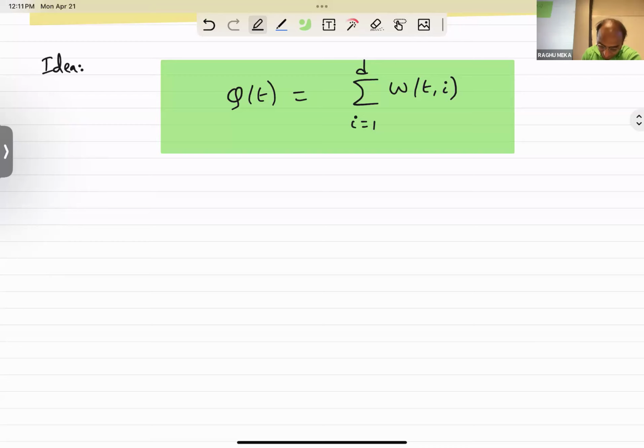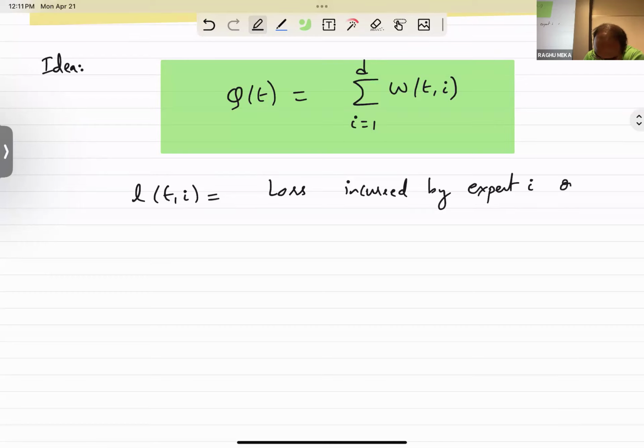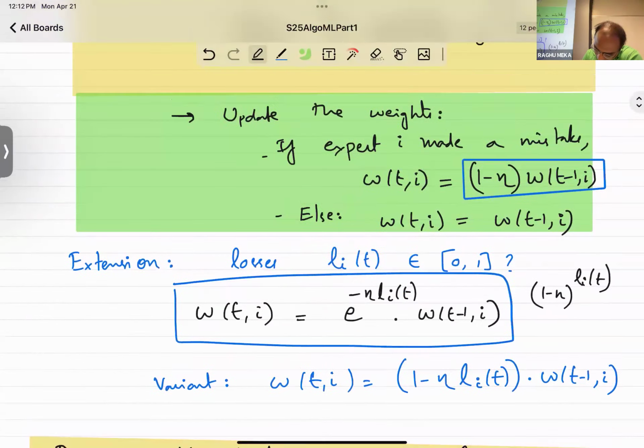Right. So let's just recall some notation. We have L of t comma i, the loss incurred by expert i on day t. And just to make it analytically easier, we can write these two updates into one equation.